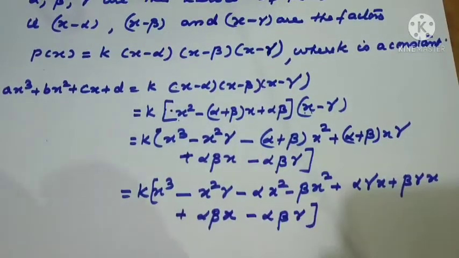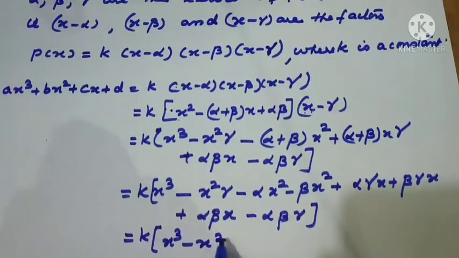Now we got all the terms, k into x cube. If I take minus x square as common, alpha, beta and gamma are there, all terms will come as plus only, alpha plus beta plus gamma with the coefficient x square.